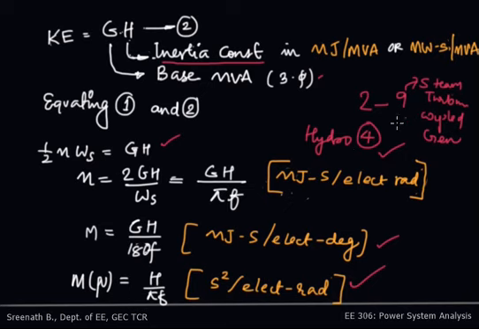Now these values are important from a practical perspective, where we are trying to add more solar type of resources, where there is no inertia term associated with solar energy, because everything is a static device. There is no rotating mass available with the solar.